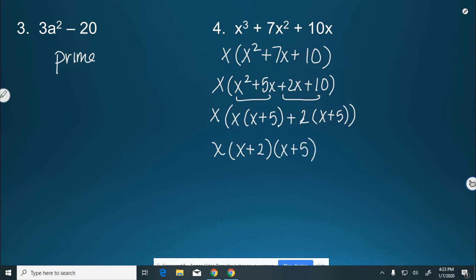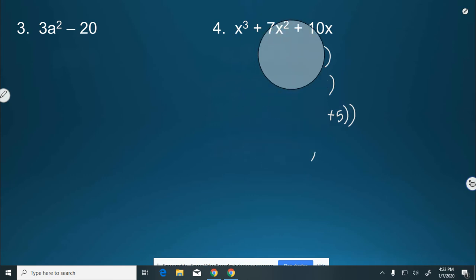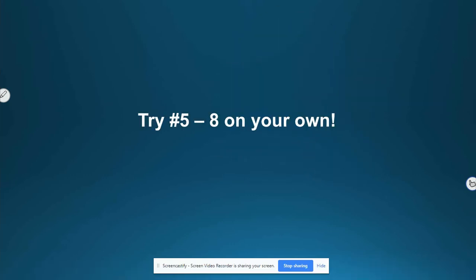And again, if I were to multiply that all out, I would get back to x cubed plus 7x squared plus 10x, proving that they are equivalent to each other and now factored completely. All right, let's continue. You're going to try 5 through 8 on your own.